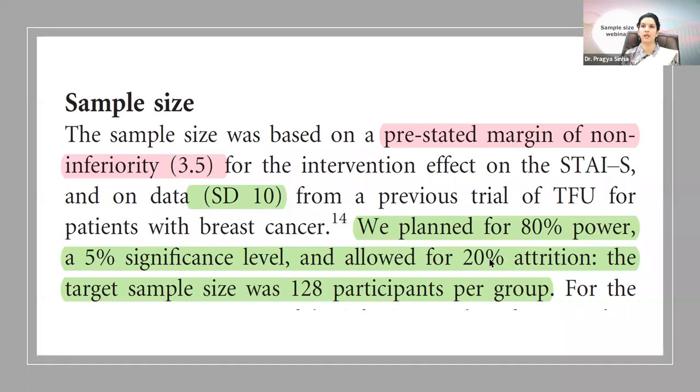So 100 plus 20% will be approximately 128. There may be some difference, but approximately it is the same. Maybe with the use of other calculators, as there are various calculators for this calculation, the range might differ by 5 to 6, but approximately it is coming out the same.